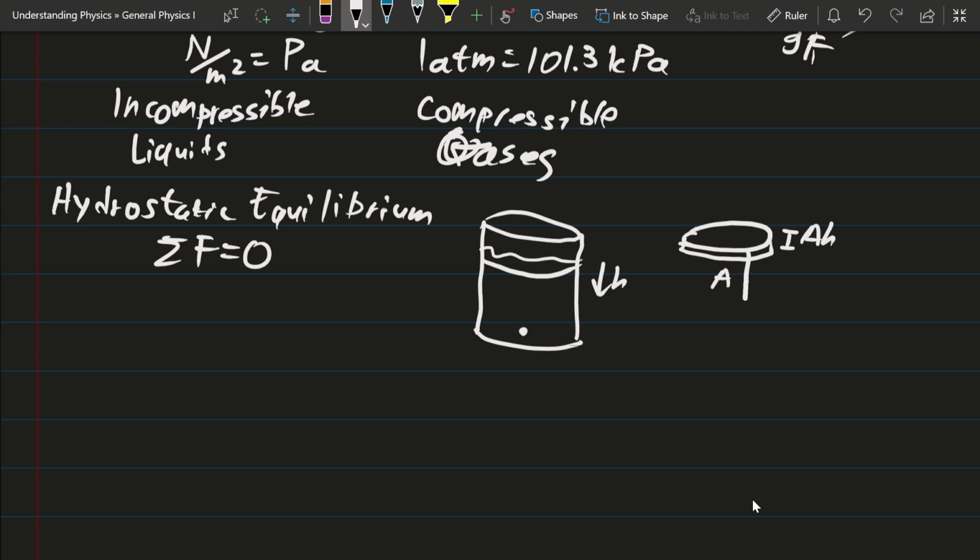There will be weight that is experienced by this fluid, but also there will be normal forces from the underside. So, the normal going in the positive direction and the normal going in the negative direction.